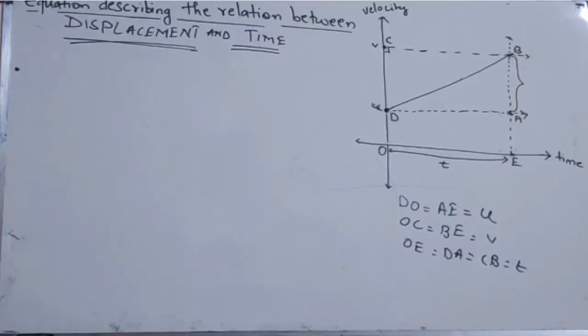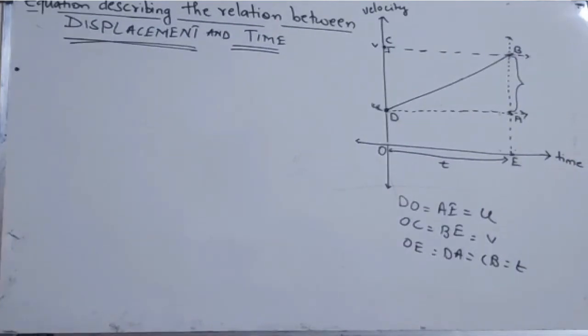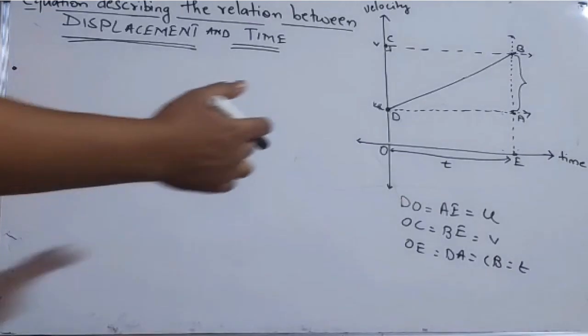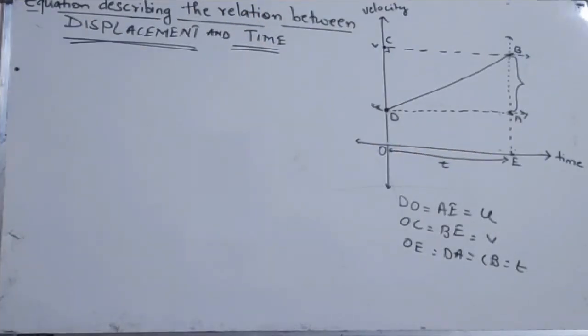Students, let us now derive the equation describing the relation between displacement and time. When we did the displacement graph, we studied that the displacement of an object is given by the area of the quadrilateral formed below the graph. This object is in motion, so it will have some displacement.